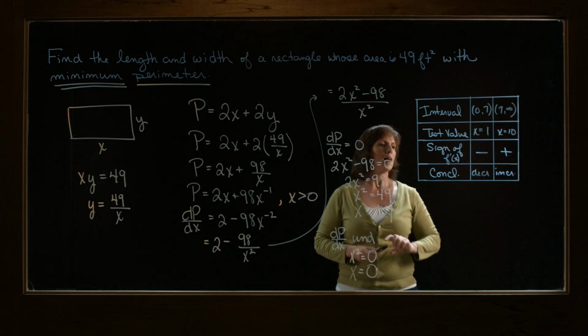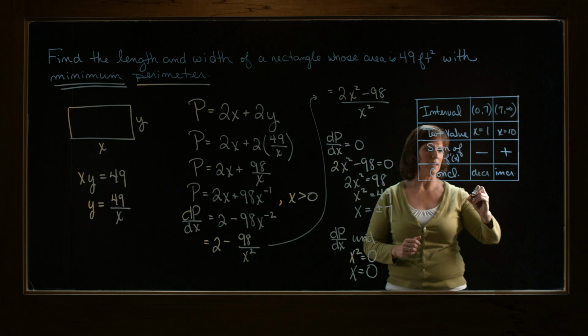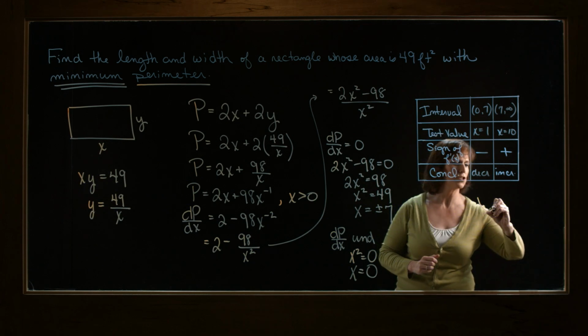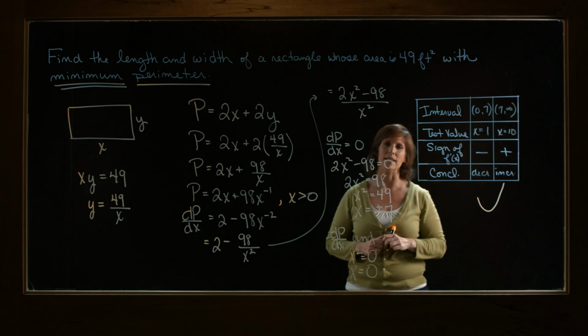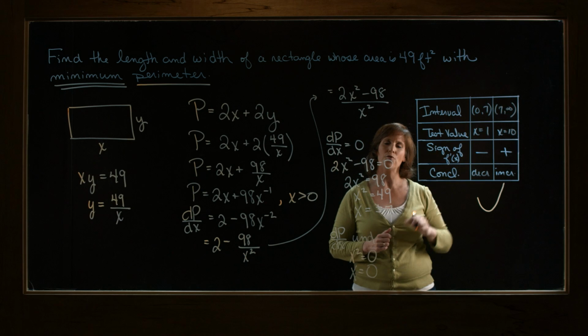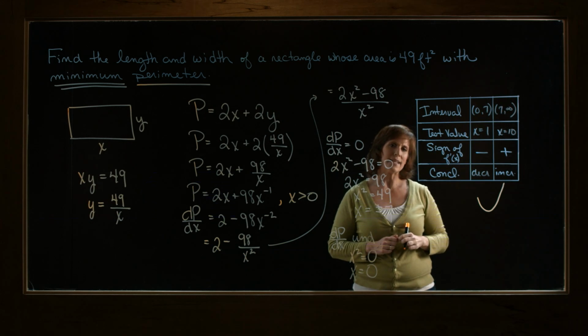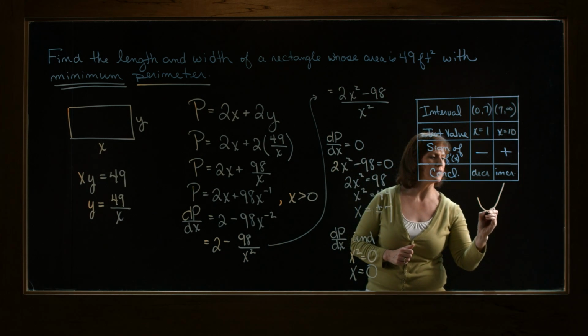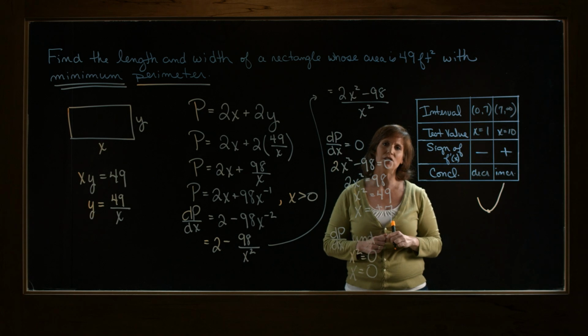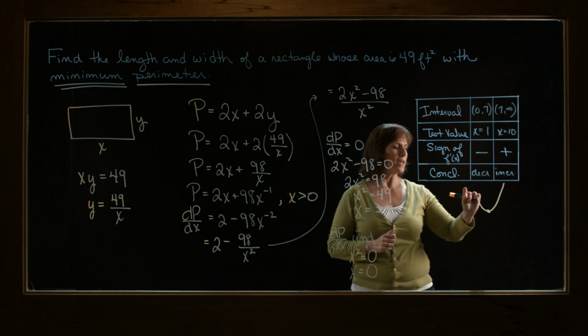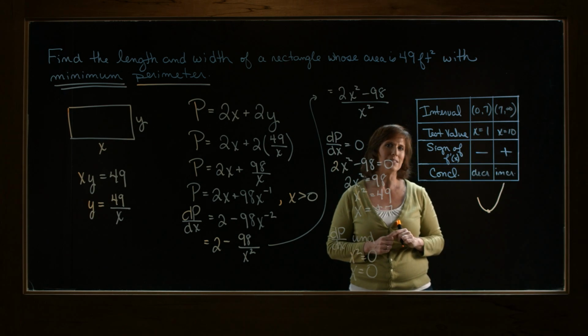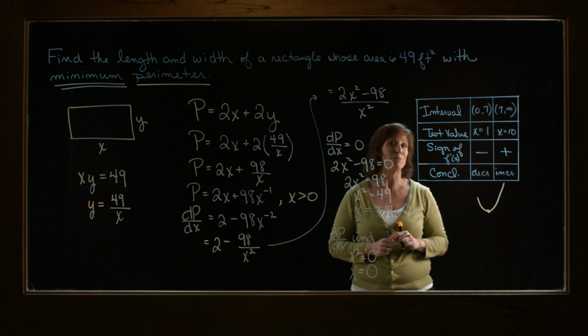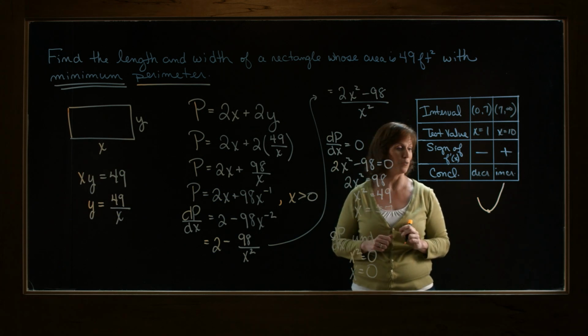My function begins decreasing, and then it turns and begins increasing, and it increases forevermore. What does that tell me? It tells me that there's a relative minimum right at that changing spot, right at 7. But because of the way the graph is shaped, not only is that a relative minimum, it's the absolute minimum as well, which is what we're looking for.